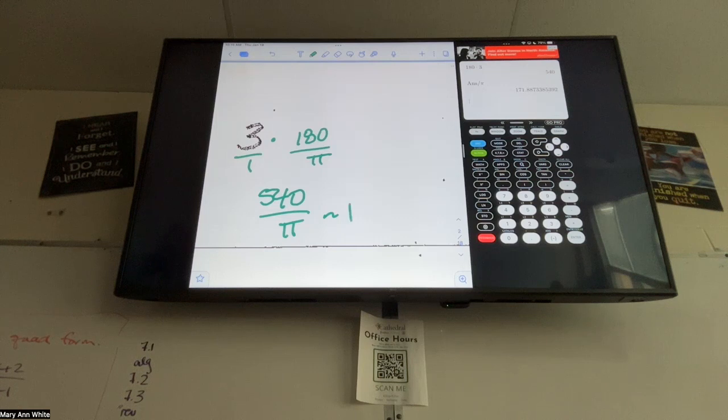All right, if I make that a decimal, it's about 177.89 degrees. 171, sorry, what did I say, 179? I'm so sorry. I actually like the decimal version of this a little bit better, because to me, 540 over pi means nothing, but 171 means a little bit more.